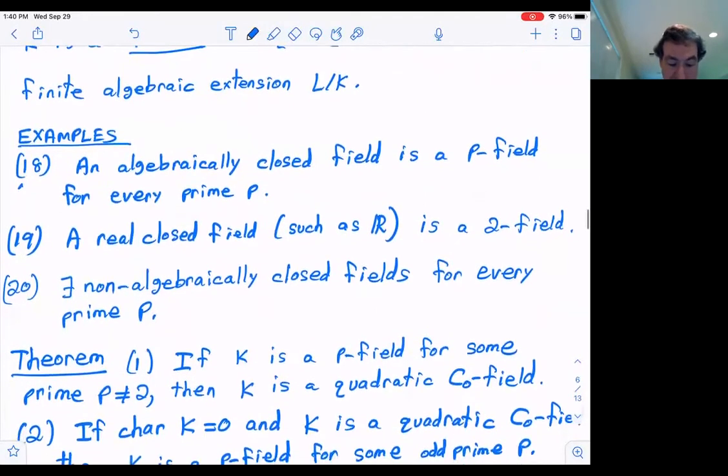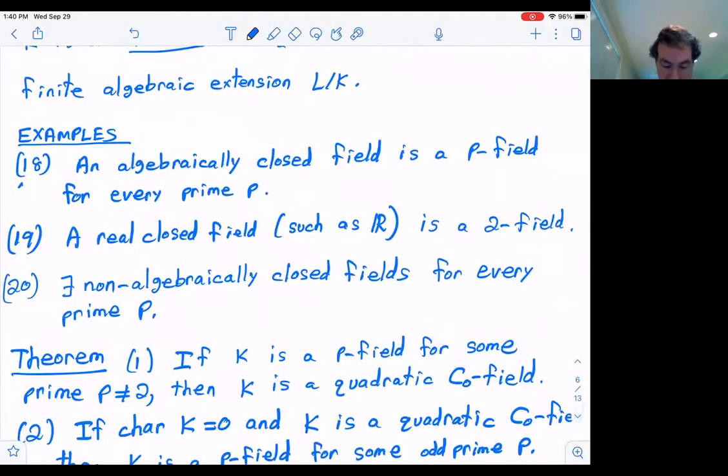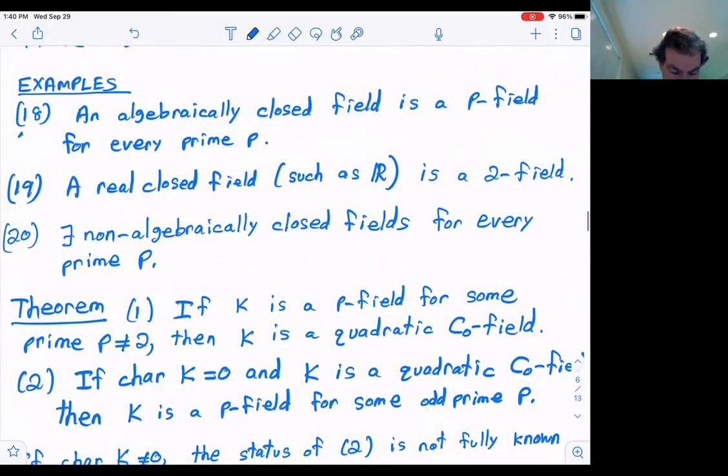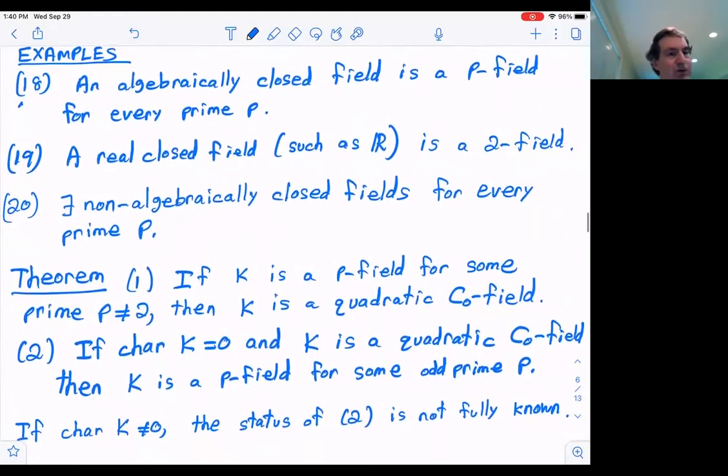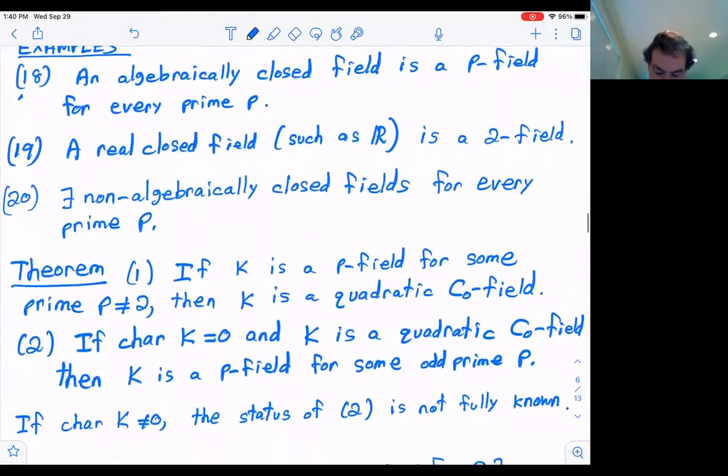There do exist non-algebraically closed p fields for every prime p. There are ways to construct them. So there's this interesting theorem here. Pfister proved number 1, if k is a p field for some prime number p different from 2, then k is a quadratic C0 field. And I proved a partial converse.